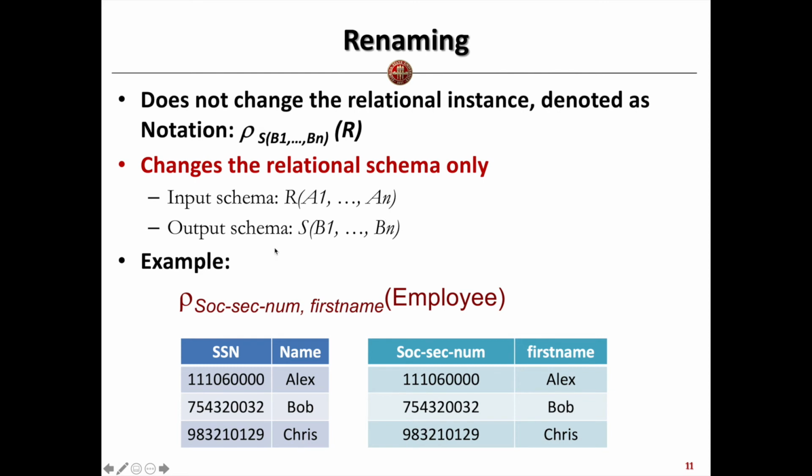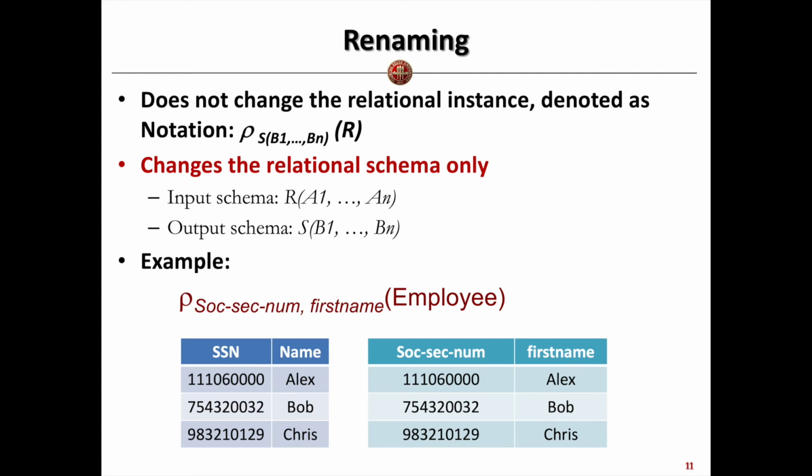So you see the output schema will be different from the input schema, right? Even though they contain the same information. The relation has been changed in both the name of the relation as well as the attributes inside the relation, right? So we provide an example about the renaming at the bottom.